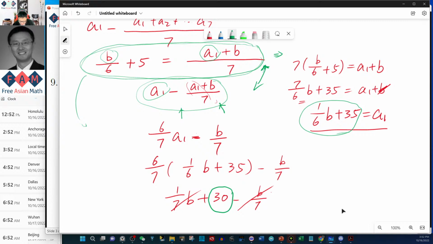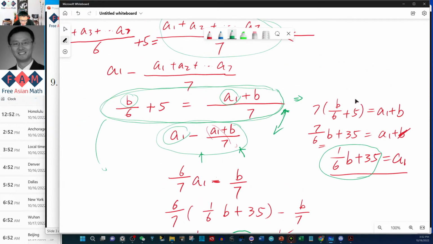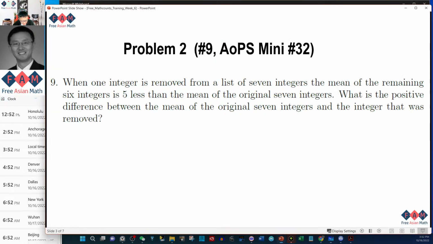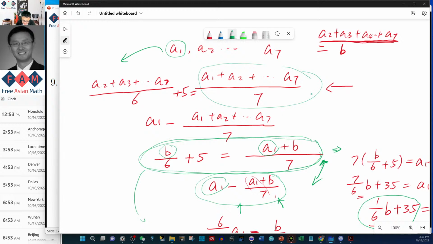Of course, this is a very orthodox way of modeling the problem. We represent all the quantities exactly the way the problem told us, right? It says that when you remove 1, the new average is 5 less than the old average. That's why we wrote the equation like this.